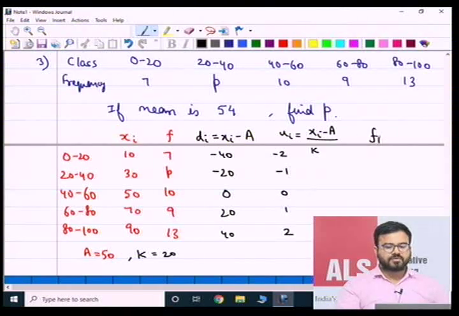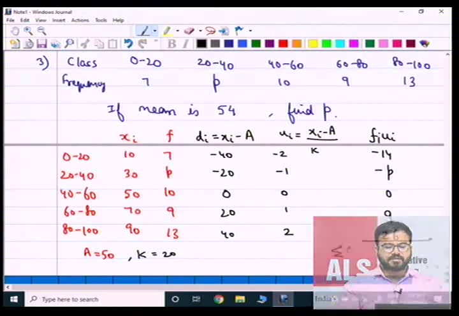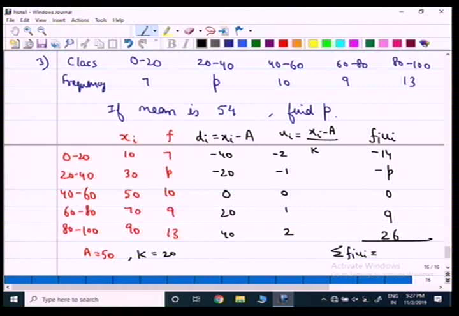Now we can do fi into ui. So fi into ui is 7 into negative 2, negative 14, negative p, 0, 9 and 26. And then if we add these fi into ui, that would be 26 plus 9 is 35. 35 minus 14 is 21. So 21 minus p we will get.